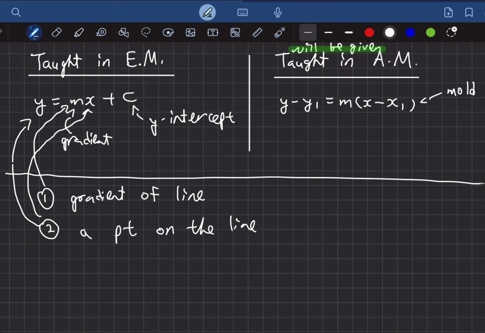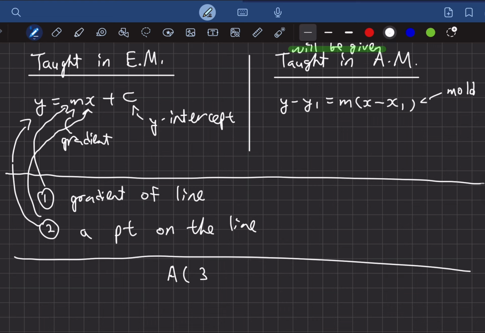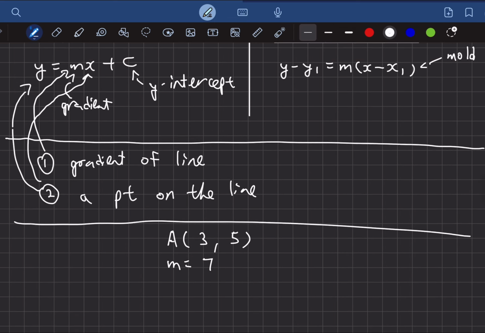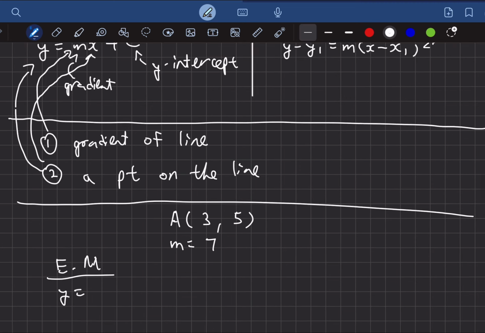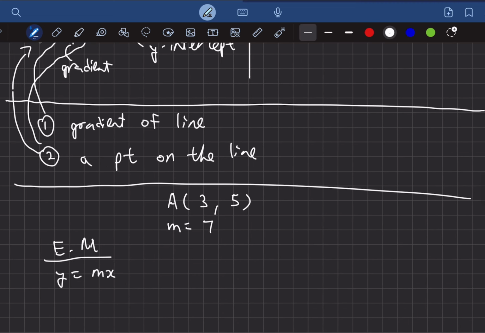Take a look. For example, I give you a very simple example where all the information is given. So this is the E-math method. I give any point, maybe point A (3, 5), gradient equals 7. For the E-math method, y equals mx plus c.